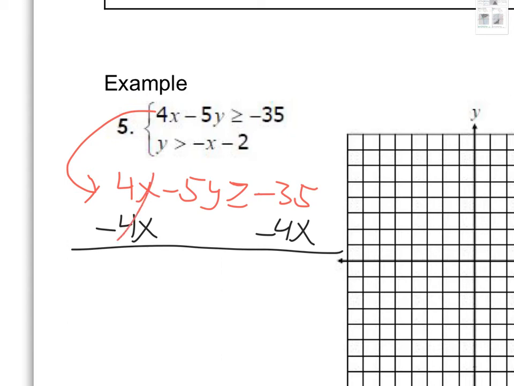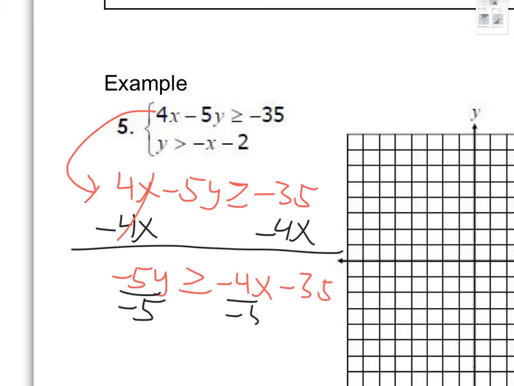Now you have just negative 5y is greater than or equal to, you cannot combine those, so that's negative 4x minus 35, and then dividing by this negative 5. And this is what is really tricky here.